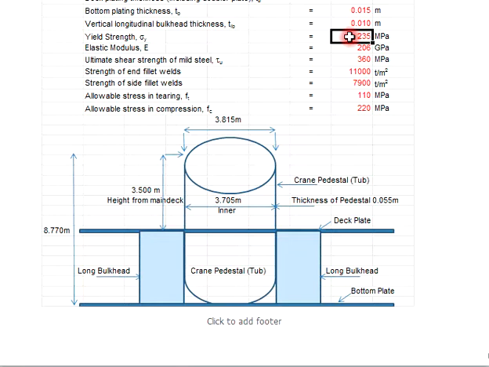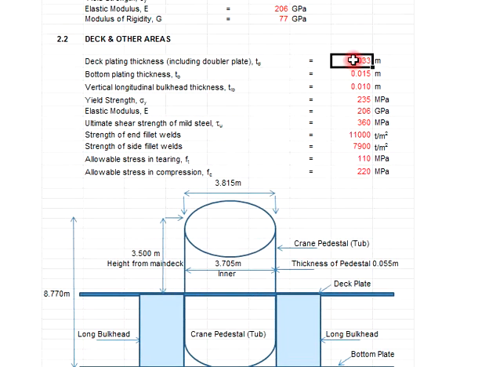But if you are using the high strength EH36 or 355, you just change this one to 355 megapascal. All this information comes from your current input, so you just change it to make it the same.